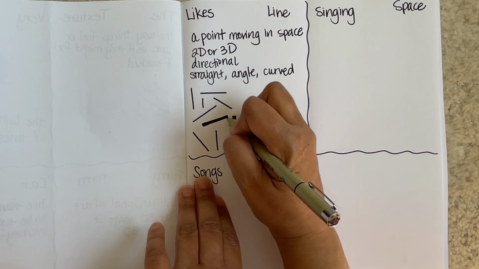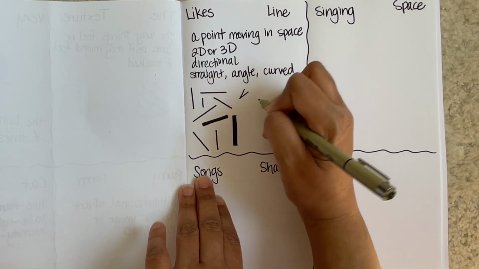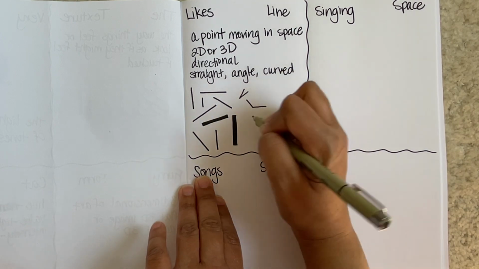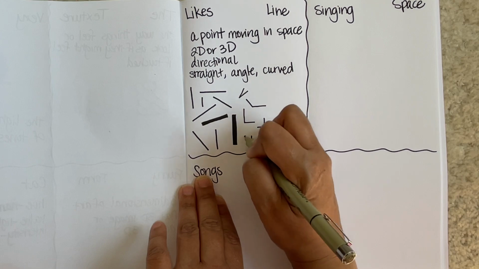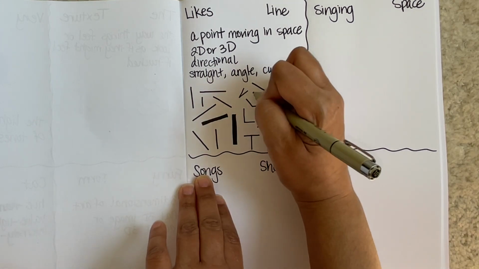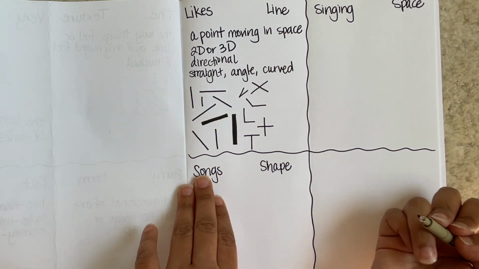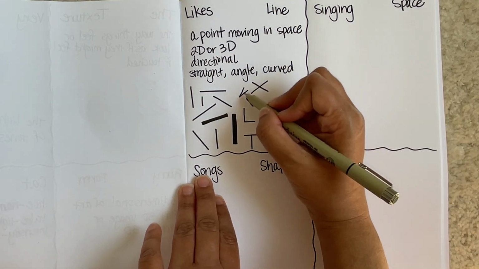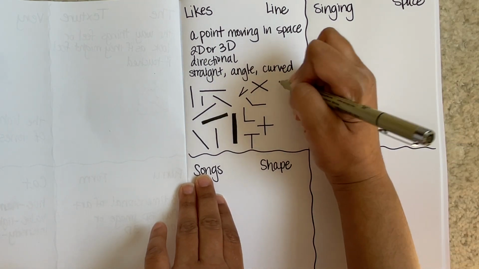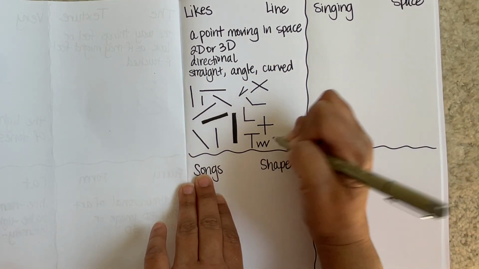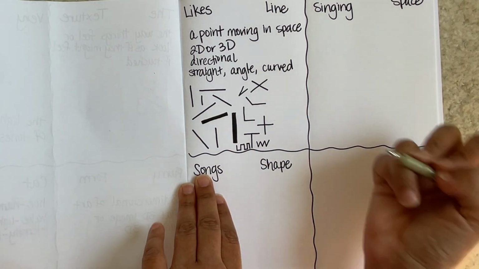Now with angle, they can be acute, obtuse, they can be right, they can be crossed, they can be a letter T, they can be an X, but they are making that V or a wide open V. Then with curved, and then also like, they like to use these as angle as well.